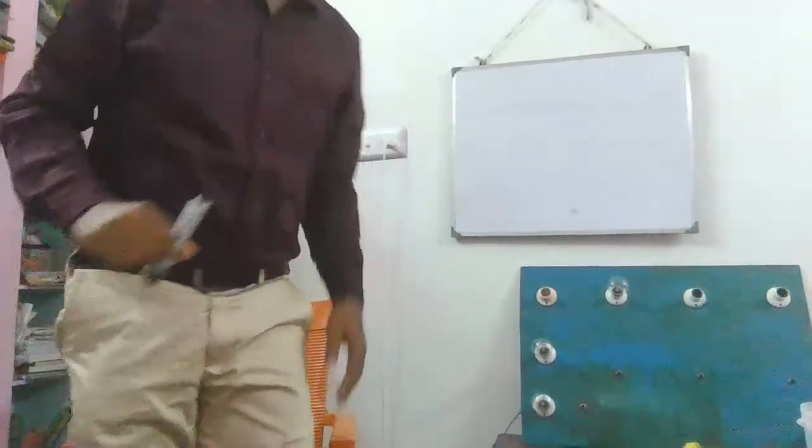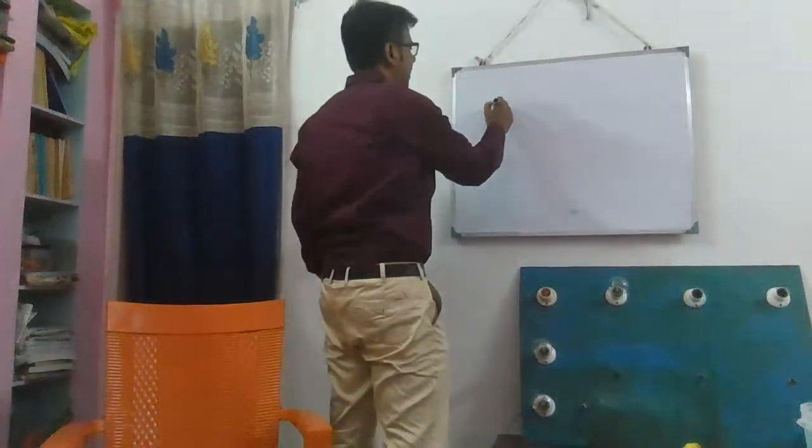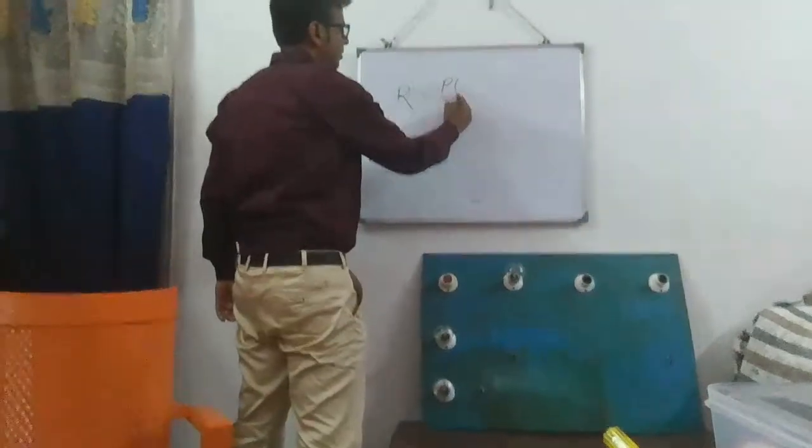Then I found that some board work is necessary, because resistance is always R equal to rho L by A. R equal to rho L by A.